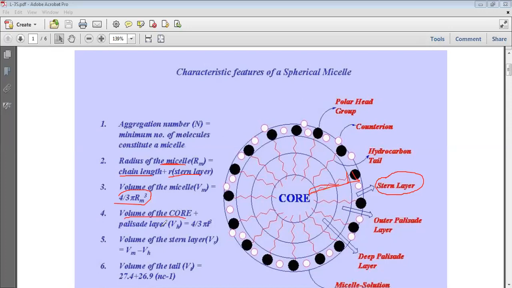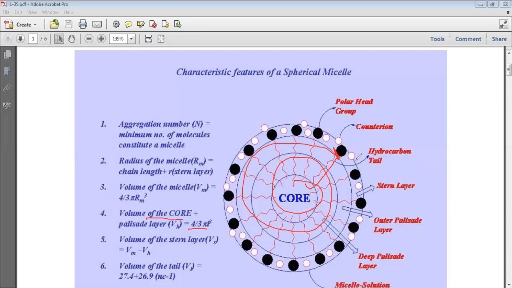Volume of the core plus palisade layer. The region from the bottom of the head to the tail region, this whole region, is called the palisade layer. So the volume of the core plus palisade layer, you can write it as V_H, that is equal to 4 by 3 pi L cube.